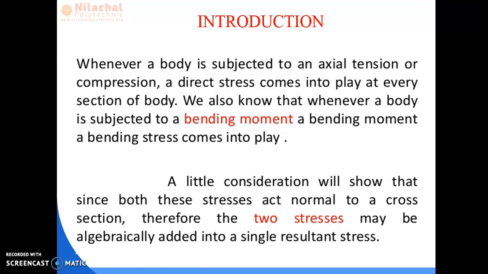A little consideration will show that since both these stresses act normal to a cross section, these two stresses may be algebraically added to a single resultant stress. We have to take the example of an axial load and an eccentric load, and the combined effect produced in the column, that we will study in chapter number 6.